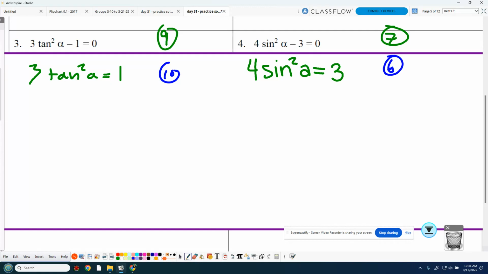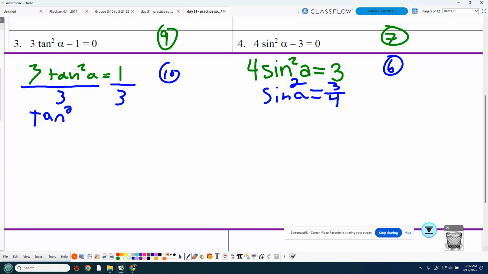And group 4, you're after that. Group 10, Danny and Luca. You're 4. Okay, so group 4.